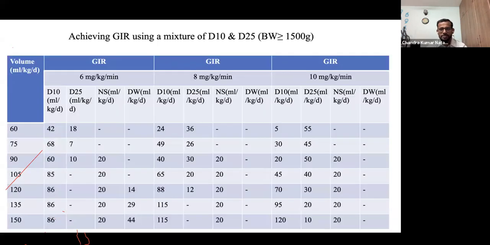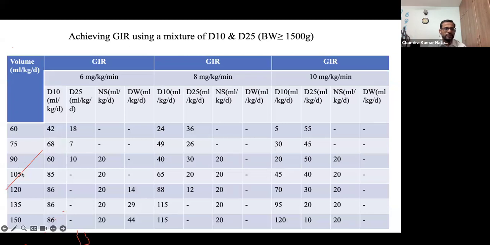So here in this table, you can see a snapshot view of what combination of fluids you need to give to achieve a GIR of 6, 8, and 10. So at a volume intake of 60 ml per kg, if you give 42 ml per kg of 10% dextrose and 18 ml per kg of 25% dextrose, then you would achieve a GIR of 6.